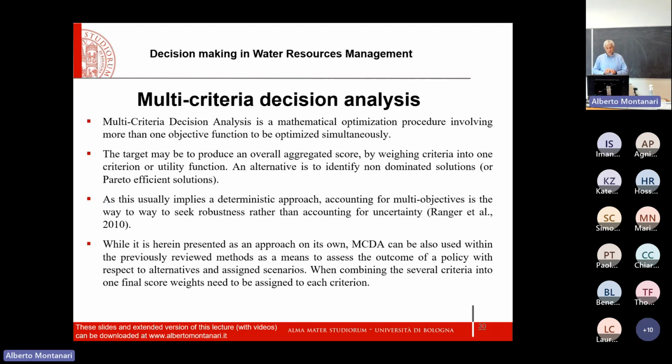It can be considered an optimization method. We don't go into the details. We don't look at the math. It's just enough for me that you know what is multi-criteria decision analysis, and you know the terminology Pareto solution.